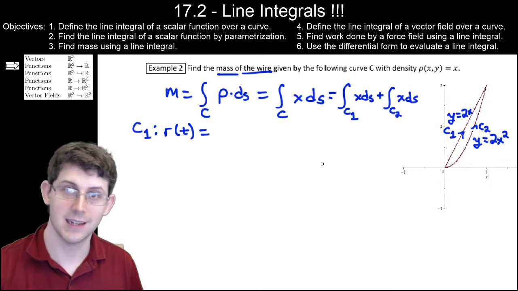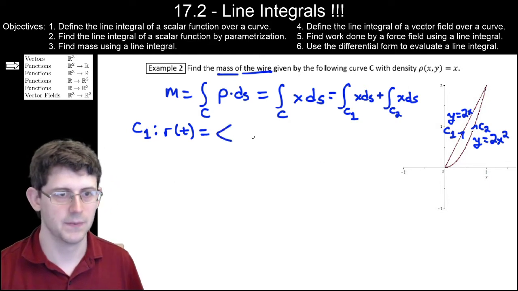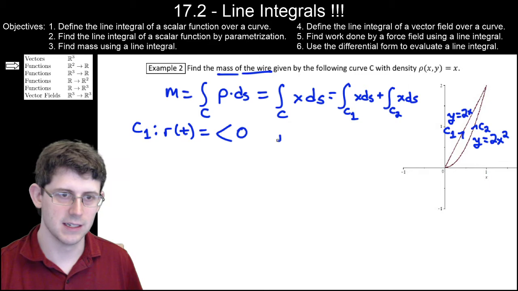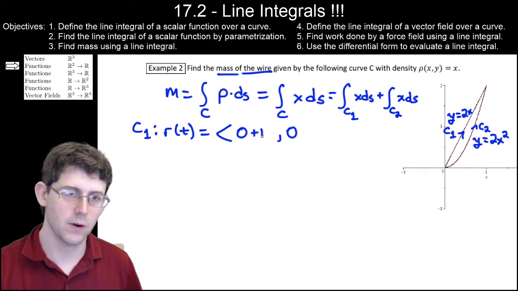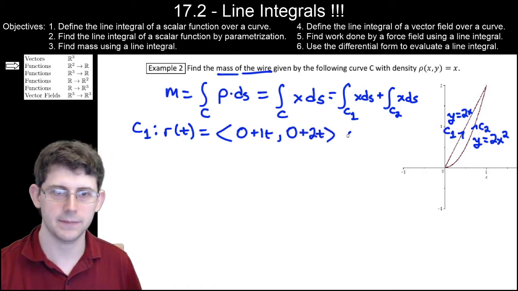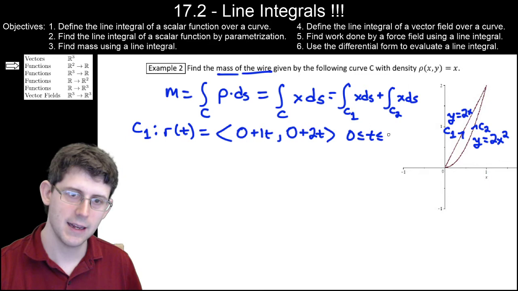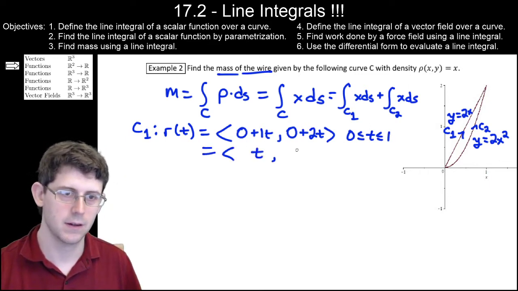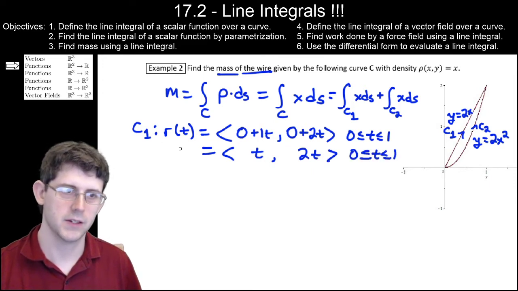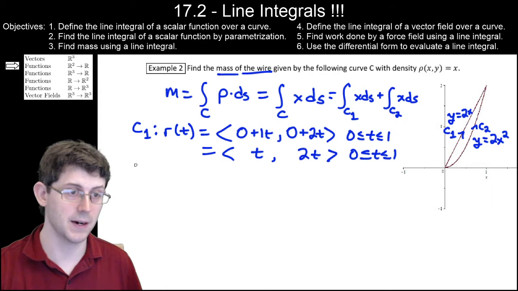C1 is just a line segment, so I'll use the same trick as before. I have a starting point, which is 0, 0, and then it's going over 1, up 2. So I'll go over 1 for each time, and up 2 for each time. Using that plan, my bounds are just from 0 to 1. So this is my parameterization of the line segment part.